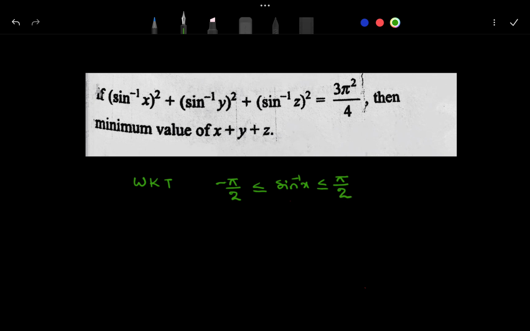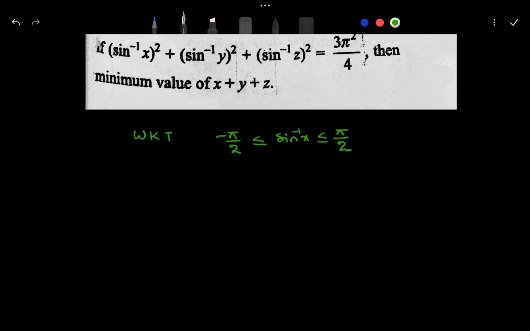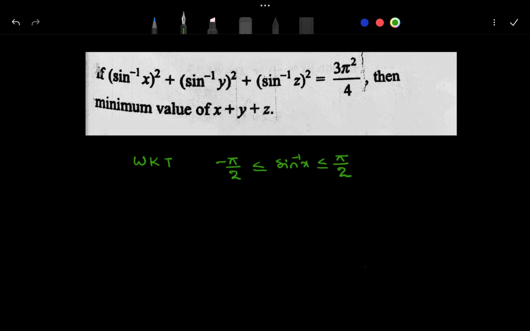Now to find the minimum value of the given function. Sine inverse of x whole square plus sine inverse of y whole square plus sine inverse of z whole square is equal to 3 pi square by 4.